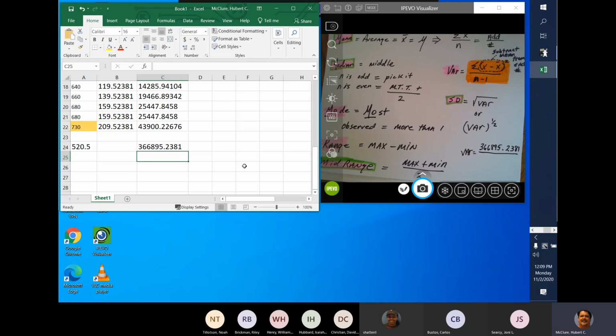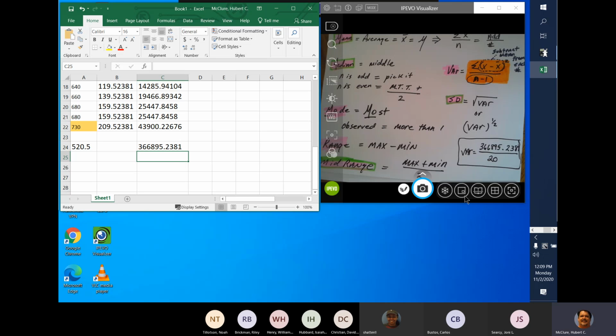Now, I think y'all can do this part. What's 21 minus 1? 20. And that right there, if you're doing it by hand, is your variance, which I'm fixing to show you right now.